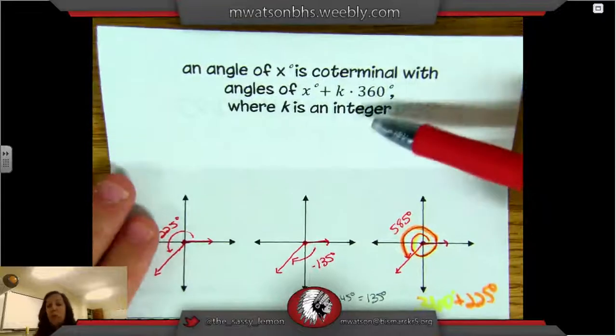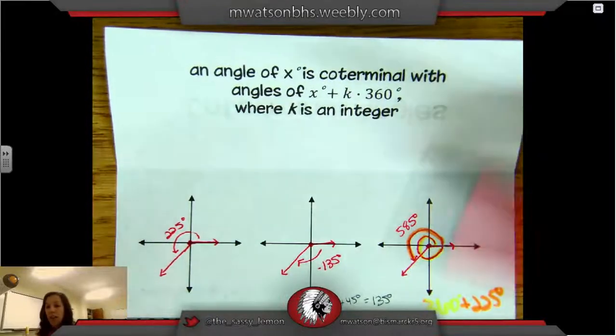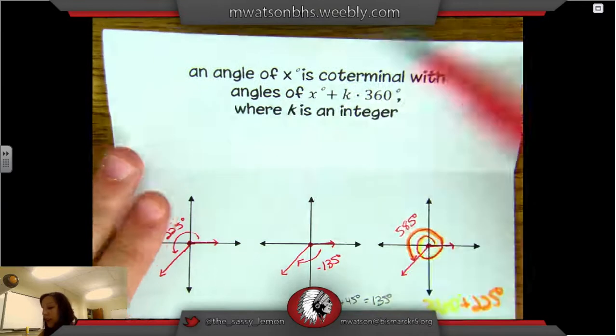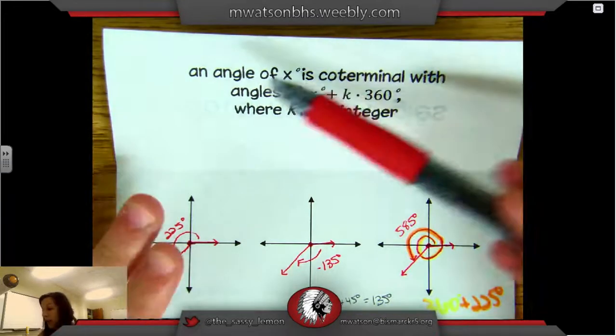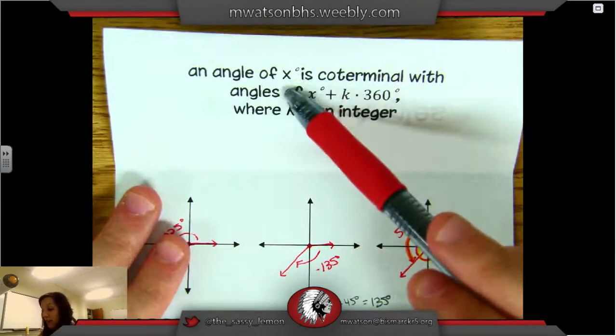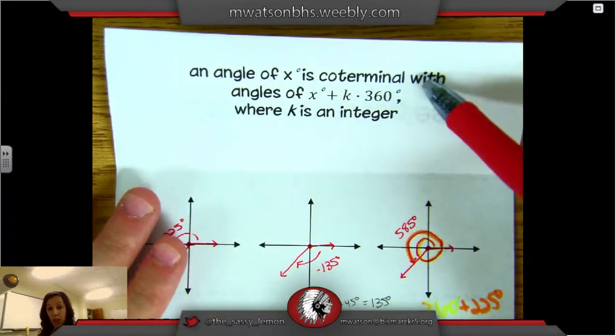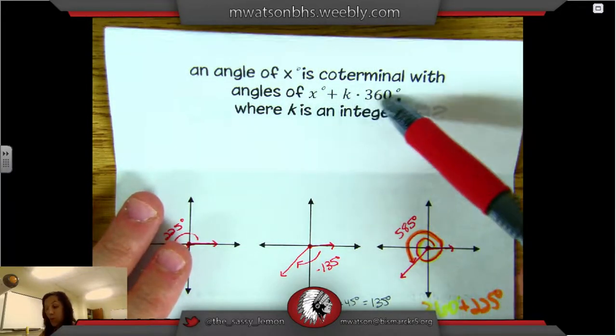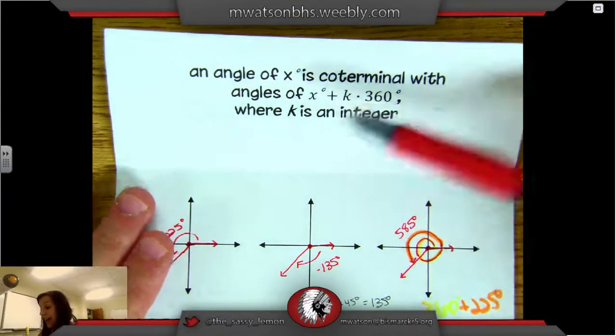Okay, so this is the formal definition. In mathematics, we have layman's terms, and then we have formal definitions. In trig, you're going to start learning formal definitions. So an angle of x degrees is coterminal with angles of x degrees plus k times 360, where k is an integer.